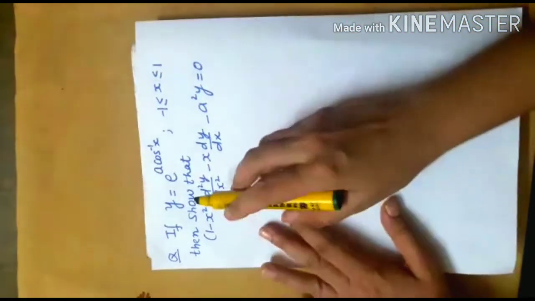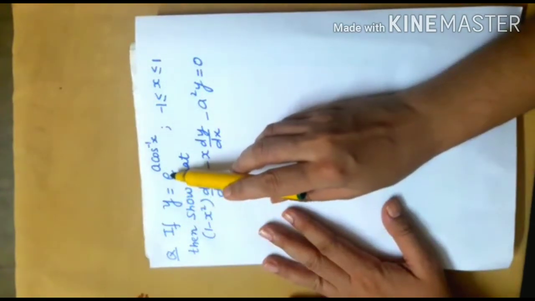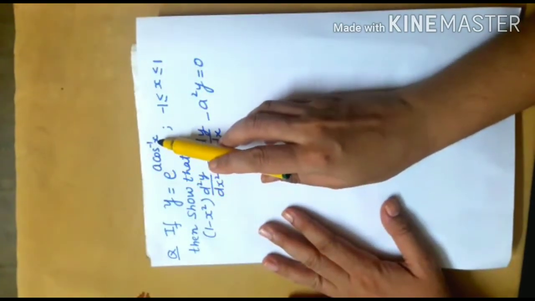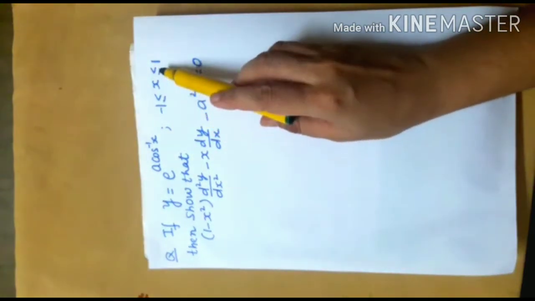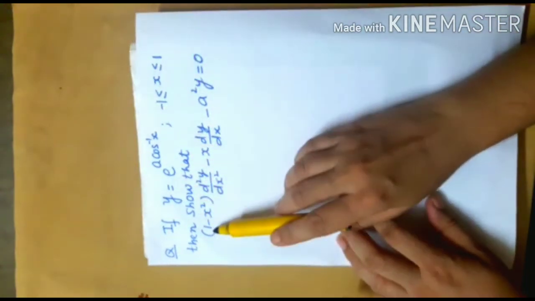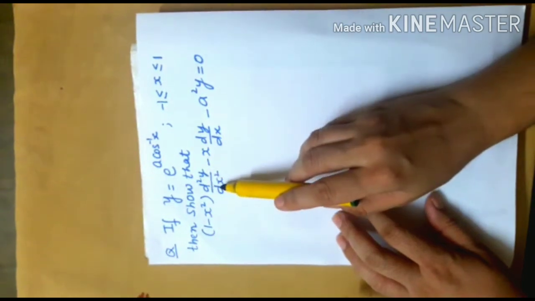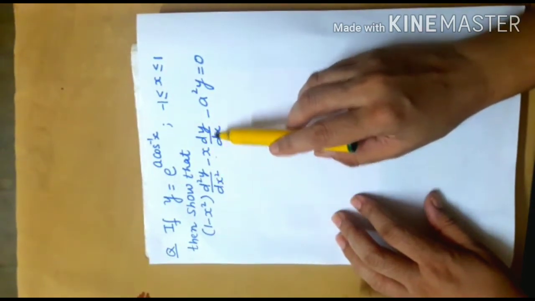Let's take another question. If y is equal to e raised to the power a cos inverse x, where x is greater than or equal to minus 1 and less than or equal to 1, show that 1 minus x square d square y by dx square minus x dy by dx minus a square y is equal to 0.